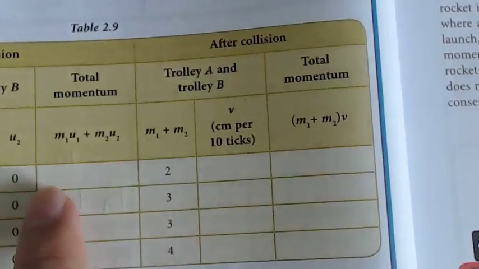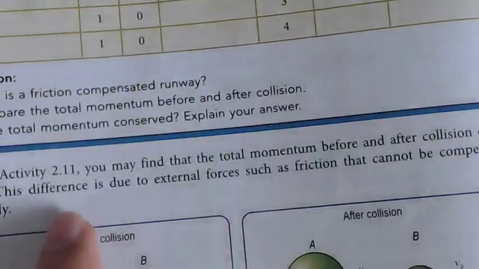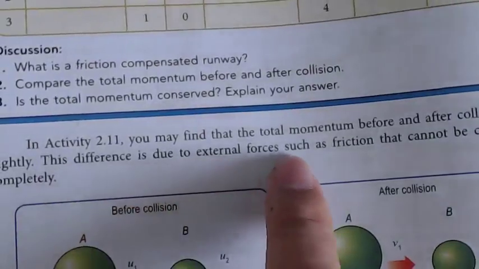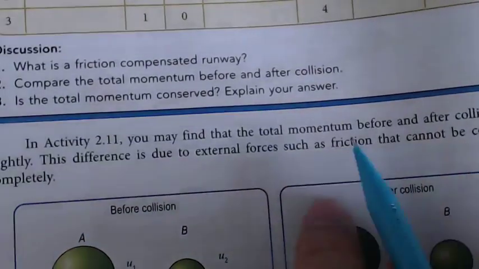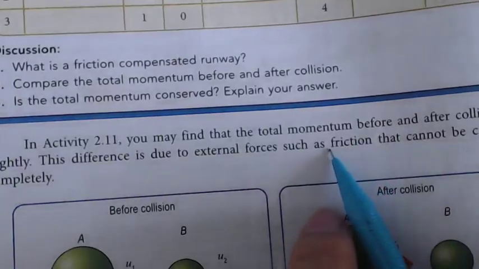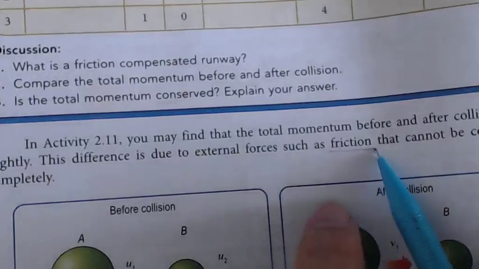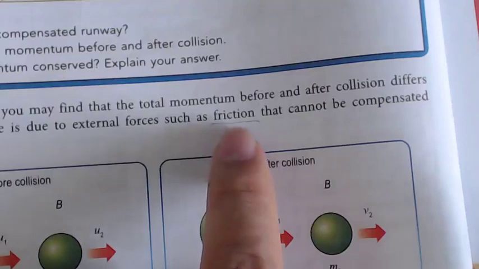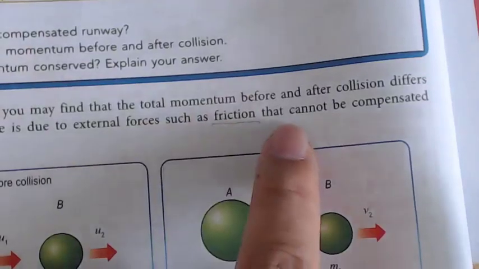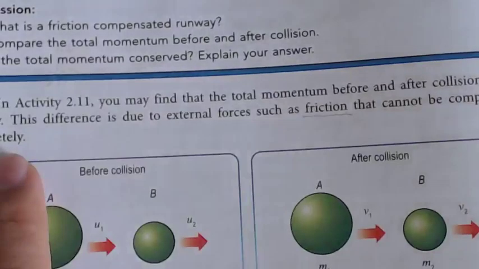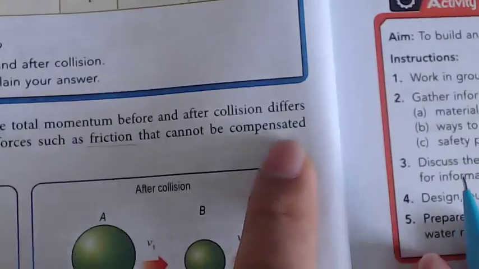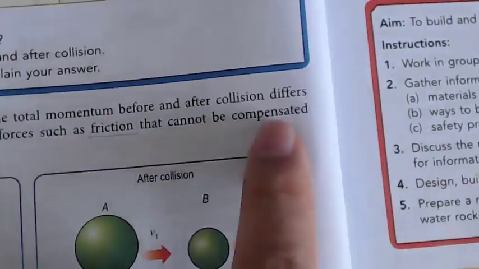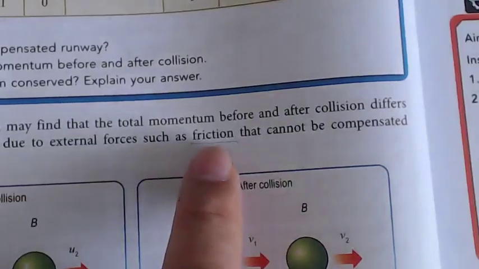Why? Because this difference is due to external forces such as friction. Because we have friction in our real world, we cannot run away from friction. We always have a problem with friction for moving things. That cannot be compensated completely. Compensate, do you know? Compensate means we get rid of this friction perfectly, 100%.